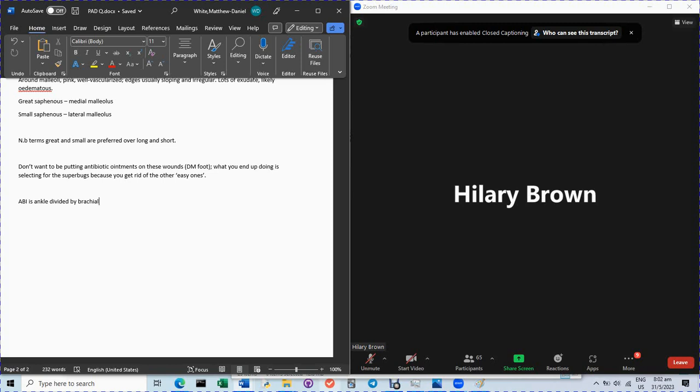And where do you feel your posterior tibial? Selena, I noticed you put... Oh, sorry. Where do you feel the posterior tibial? It's usually between the flexor digitorum longus and the flexor hallucis longus. The posterior tibial?